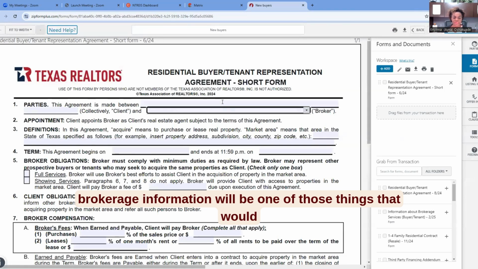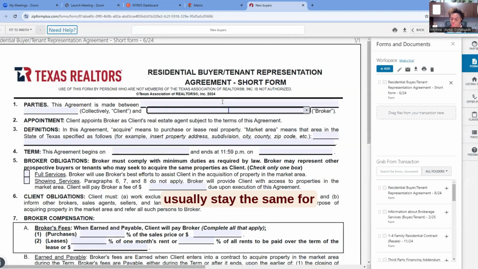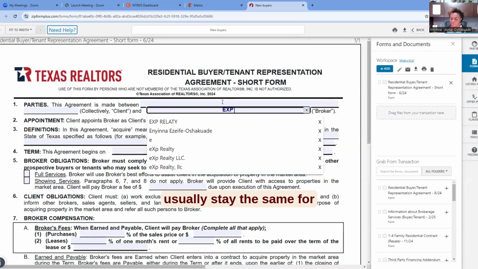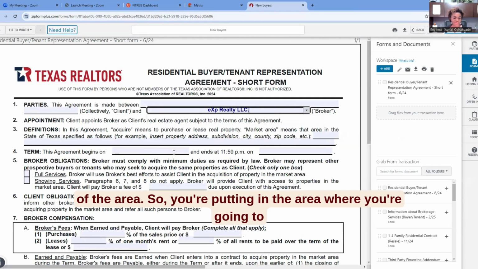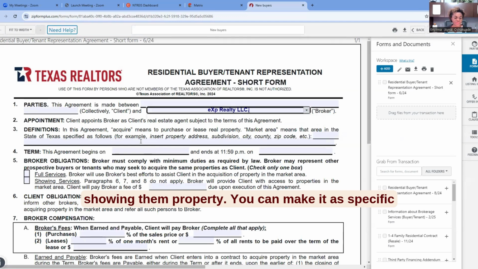Your brokerage information will be one of those things that would usually stay the same for all of your buyer tenant agreements, unless you change brokerages, but you put in your brokerage information there. And the definition of the area, so you're putting in the area where you're going to be showing them property. You can make it as specific as you want.